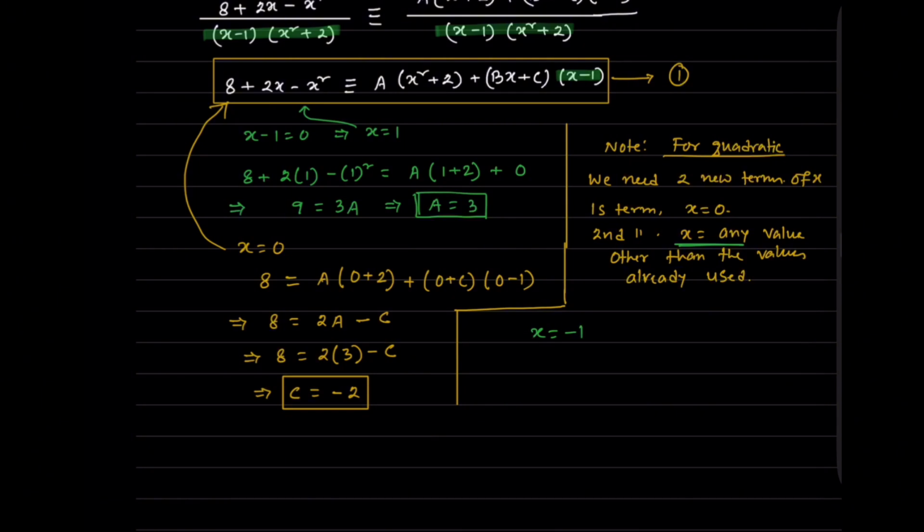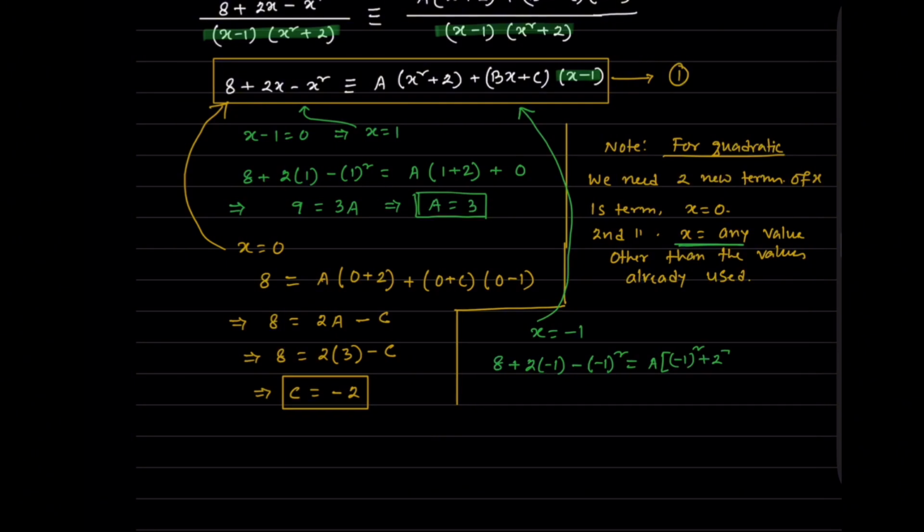And put this x value, x equals minus 1, into the main equation. So if I put x equals minus 1 in the main equation, we get 8 plus 2 into minus 1 minus minus 1 squared equals a into minus 1 squared plus 2.